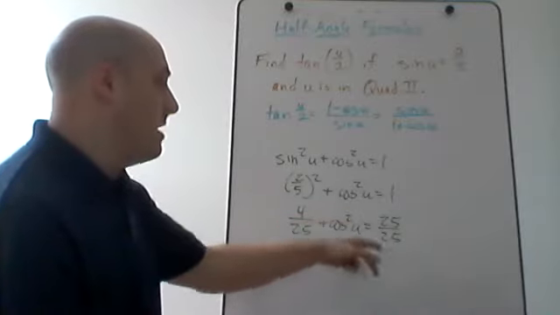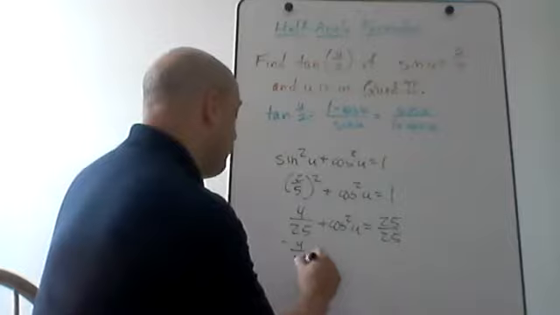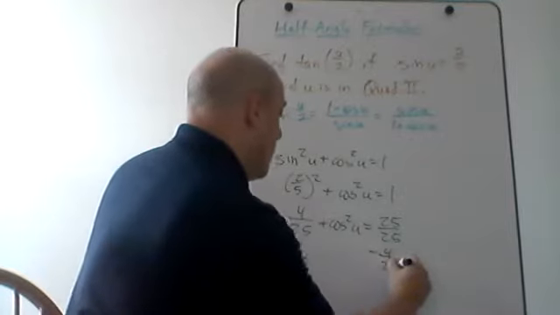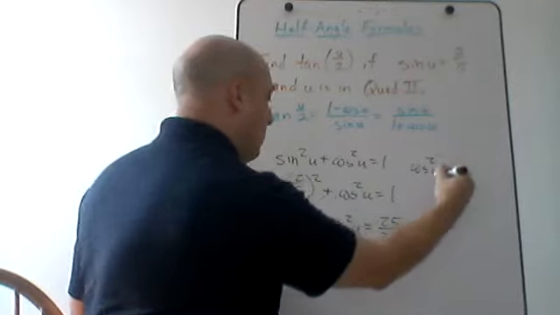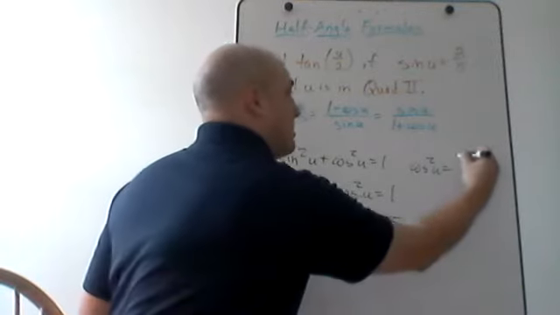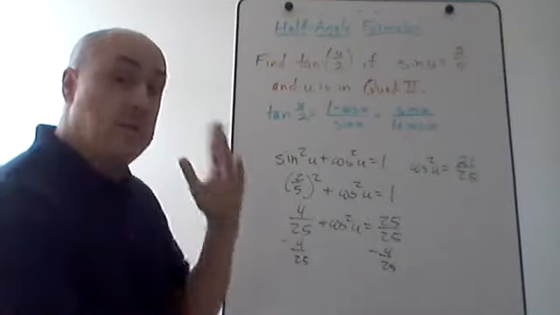So let me write that 1 as 25/25 right now, and when I subtract the 4/25, I end up with cosine squared of u equals 25 minus 4, which is 21/25. So that's what cosine squared is equal to.